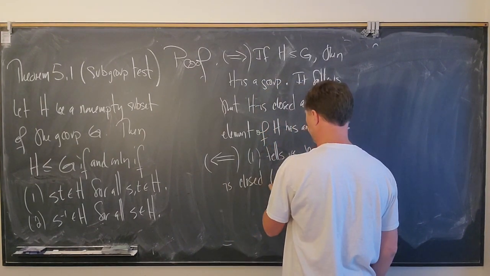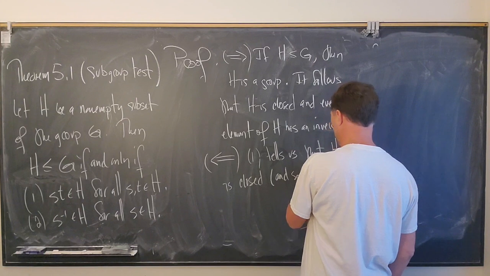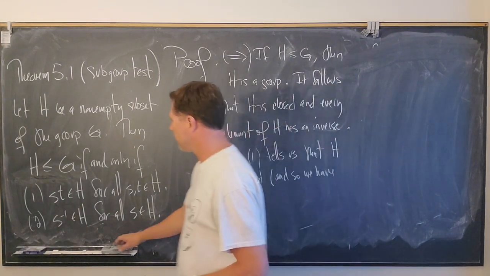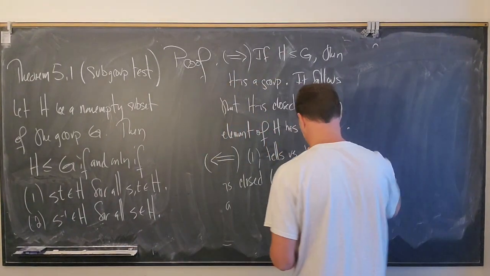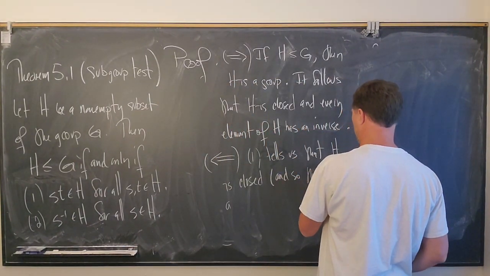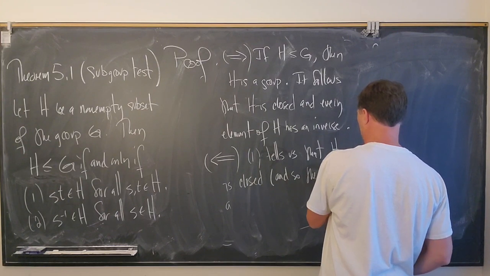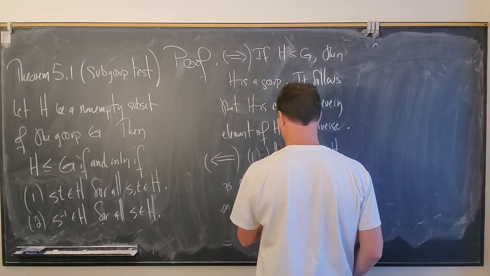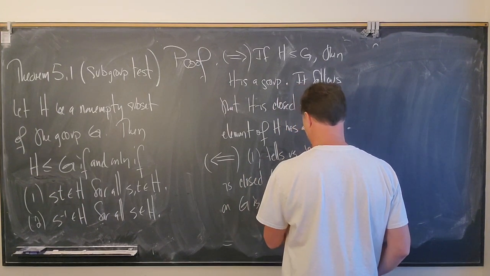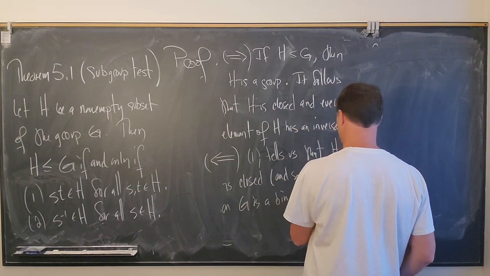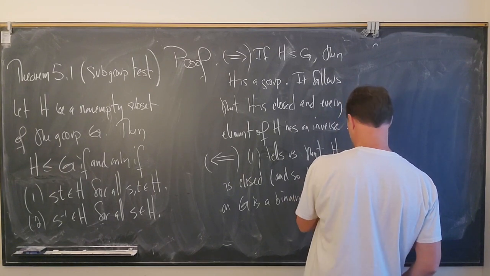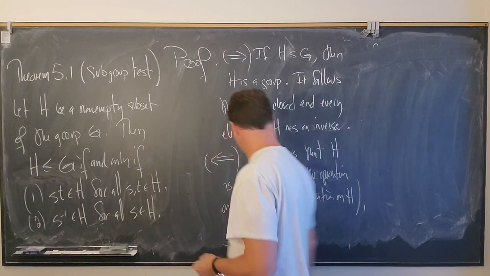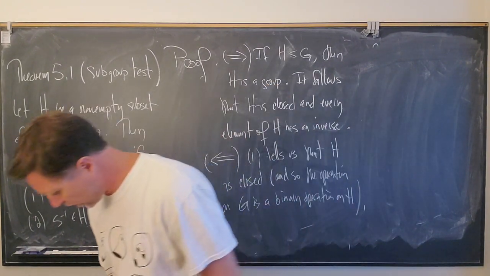And so we have a binary operation, or actually, I should say, the operation on G is a binary operation on H. That's a long-winded way of saying closed. So part 1 tells us that it's closed. And now we need to check the other axioms.